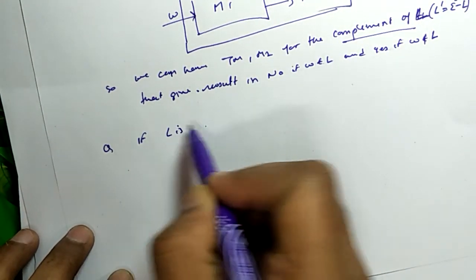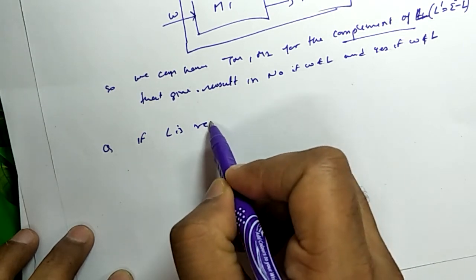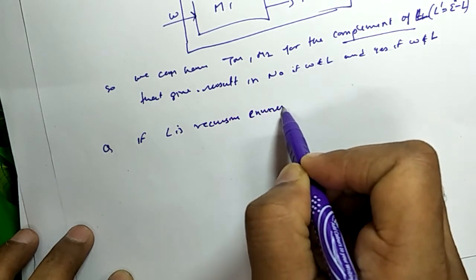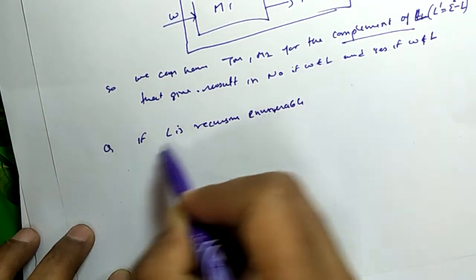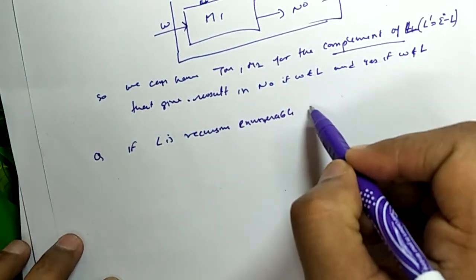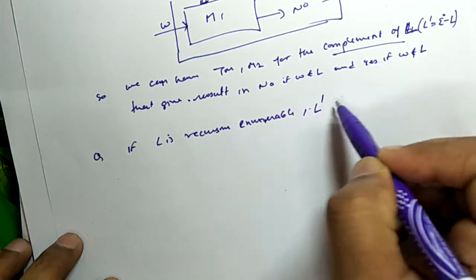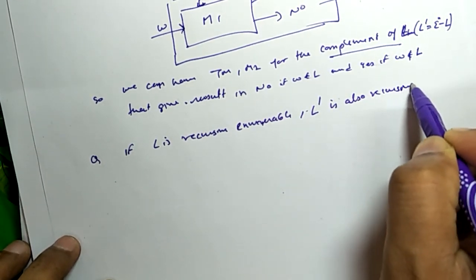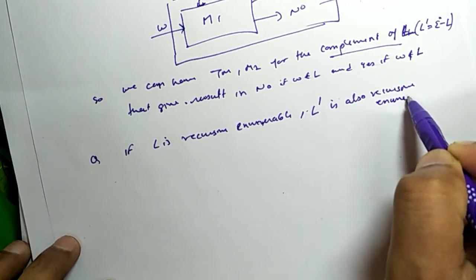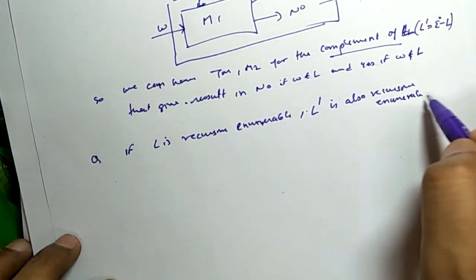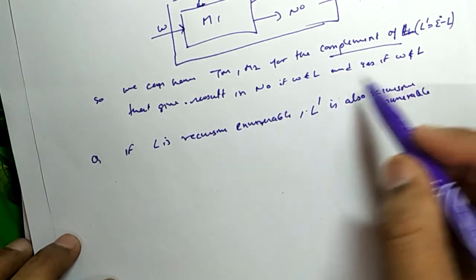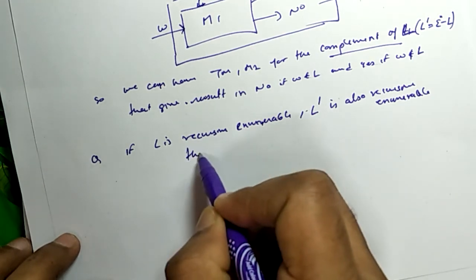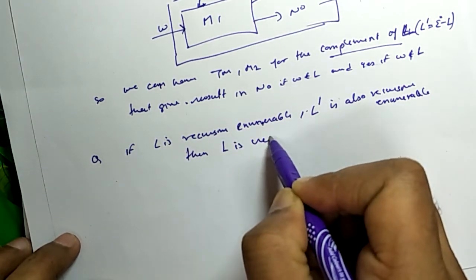If L is recursive enumerable, we have an answer in yes for L, and if L bar is also recursive enumerable, so we have an answer in yes for L bar also, then L is recursive.